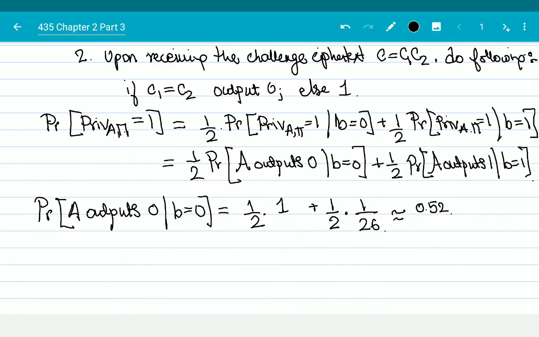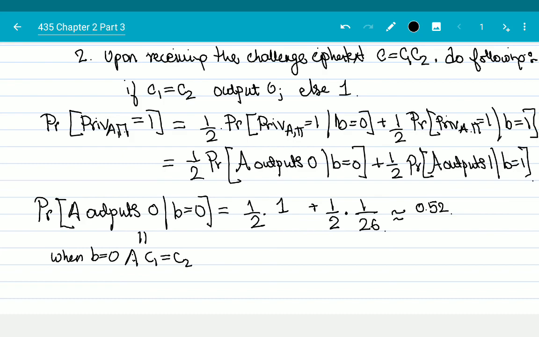Okay, let me just write down the explanation. When B is equal to 0, C1 is equal to C2, right?